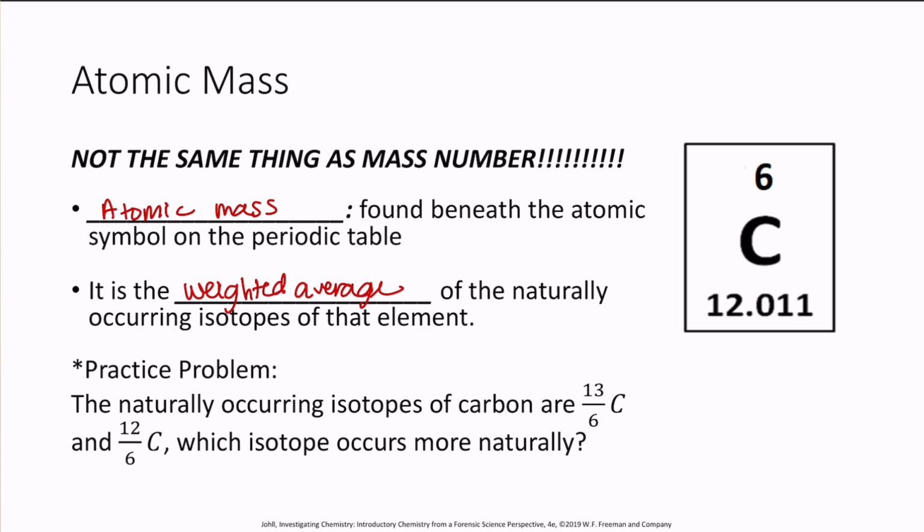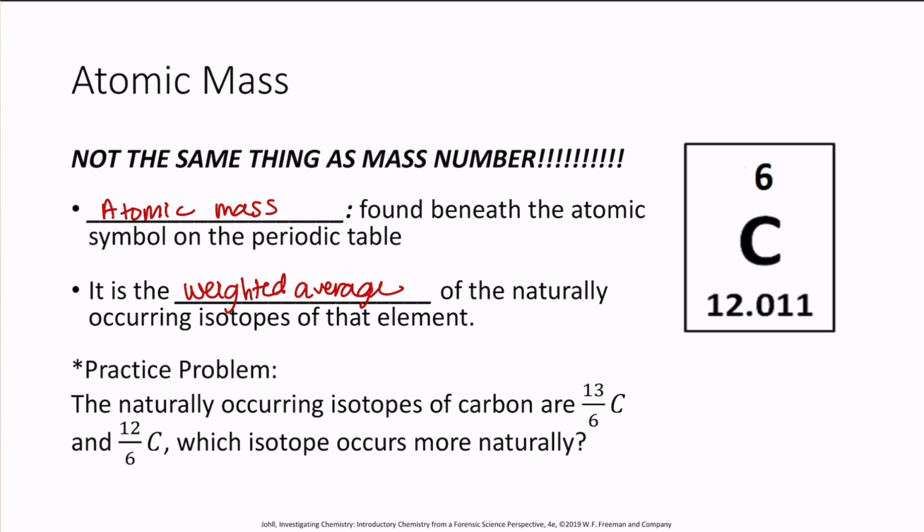So, in order to solve this problem, I need to look at the atomic mass of carbon. Notice that the atomic mass of carbon is much closer to 12. In fact, it's really close to 12 and kind of far away from 13.